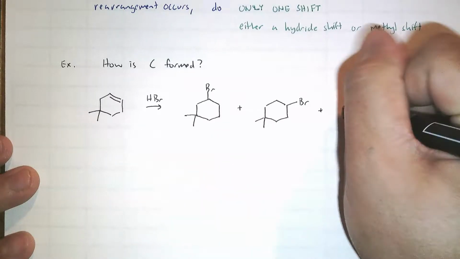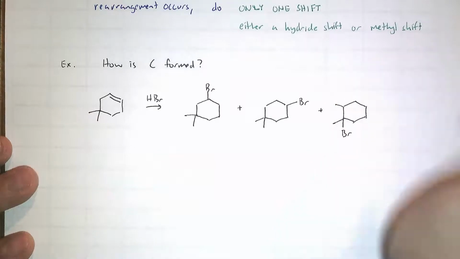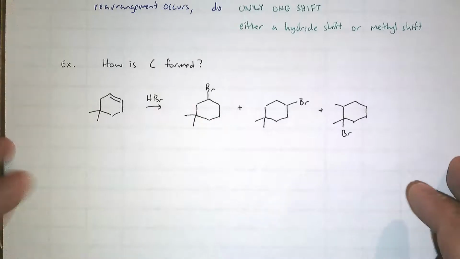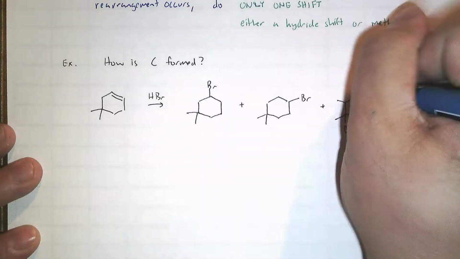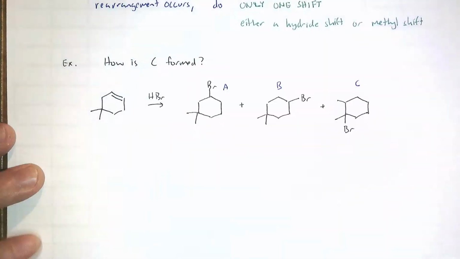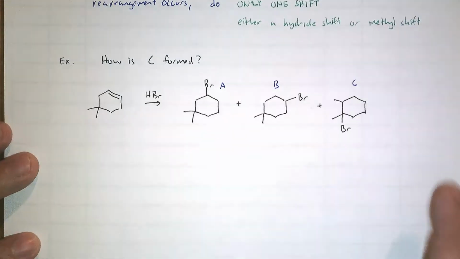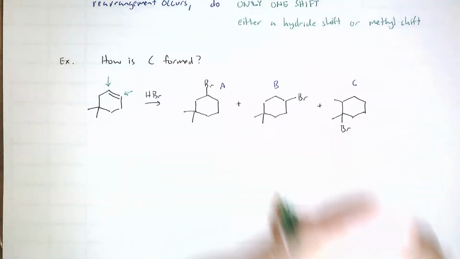And look at this product here that I'm about to form. I think you could guess the weird looking one is this one. This is C. This is B. And this is A. Because, again, with an addition to an alkene, you expect the bromine to either go here or here.